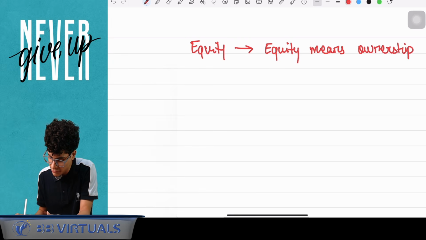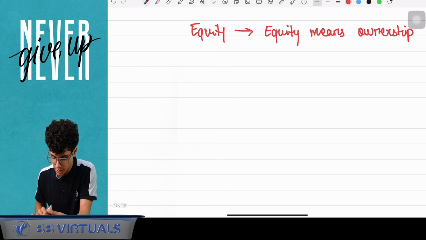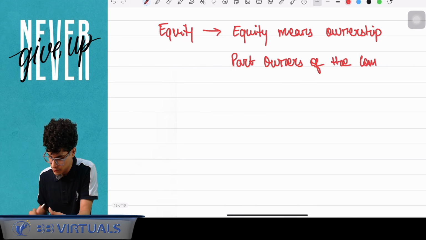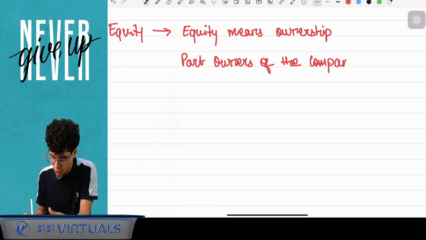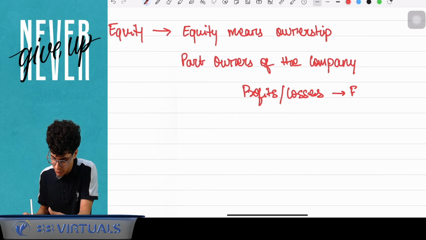Correct. So when we say that we have purchased equity shares in a company, we are considered to be part owners of the company. Correct. So if there are any profits or losses, we would be responsible for the functioning of the company.